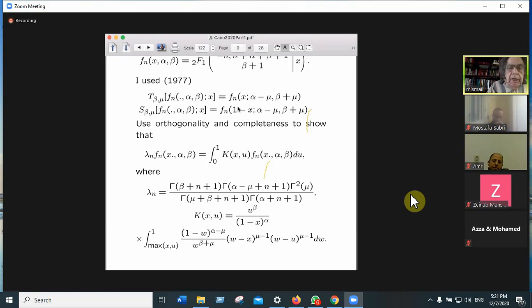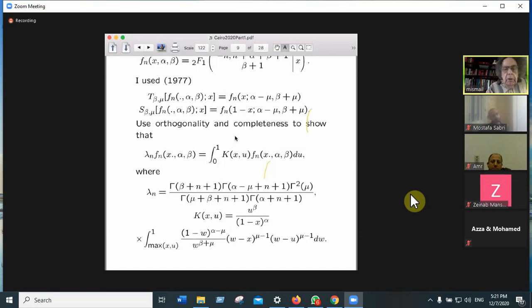I showed that these Jacobi polynomials are eigenfunctions of an integral operator. And the integral operator has a symmetric kernel. So the kernel is complicated, but you can get it from these formulas. It's sort of a long story.